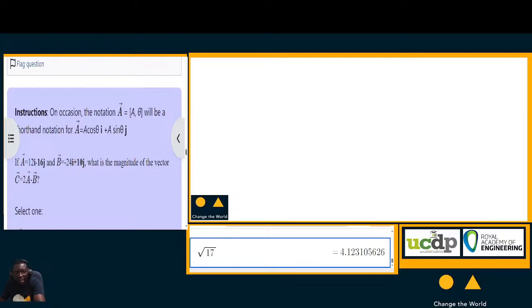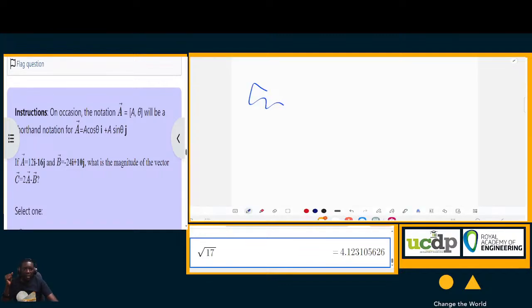And theta is the angle that the x-axis and the vector subtend. Okay, perfect.